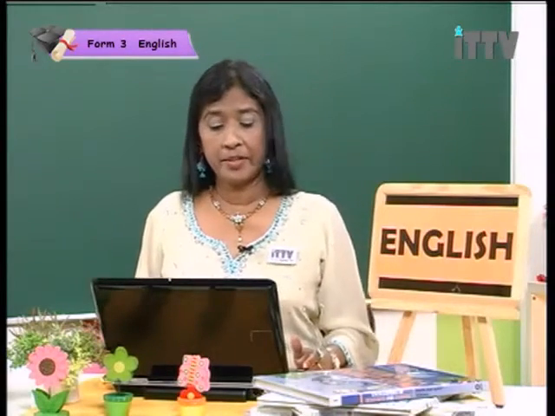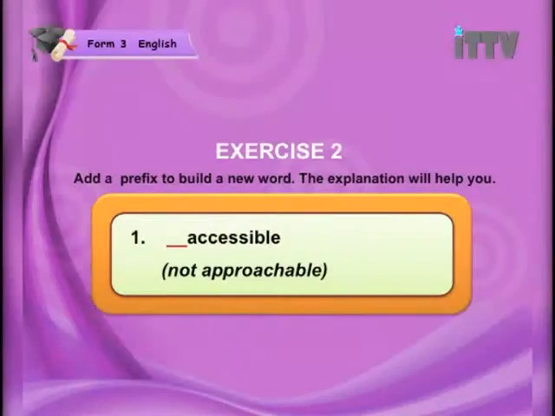Next, exercise 2, add a prefix to build a new word. The explanation will help you. It's a sort of guidance for you students. All right, number 1, accessible. Now, the meaning given is not approachable.